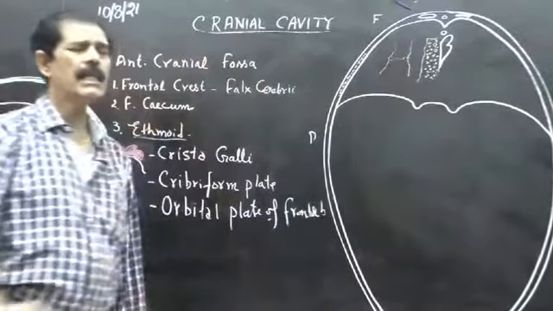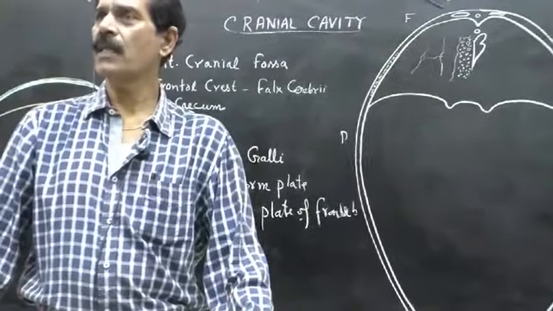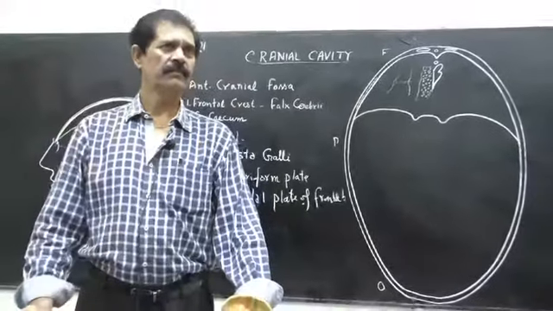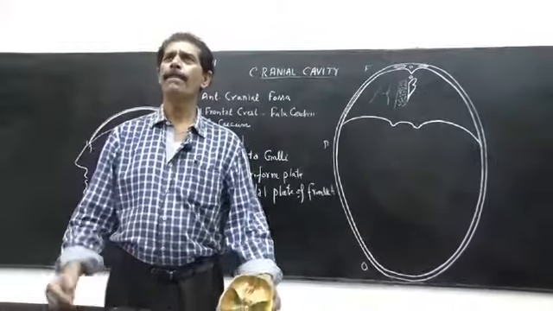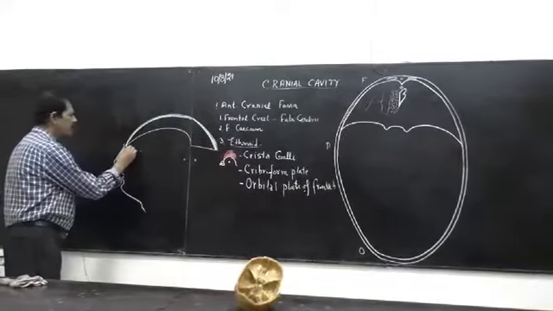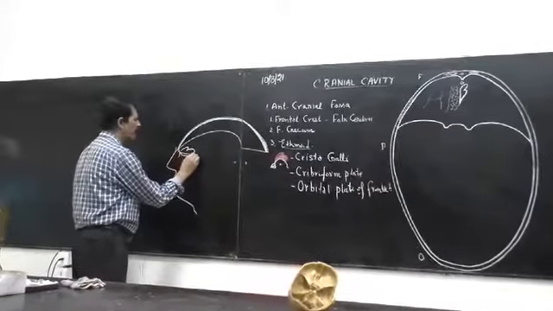Below this lies the nasal cavity, and what passes through these foramina is the first cranial nerve. What is the name of the first cranial nerve? Olfactory nerve. So this is the crista galli, and on either side there lies the horizontal plate having many holes.